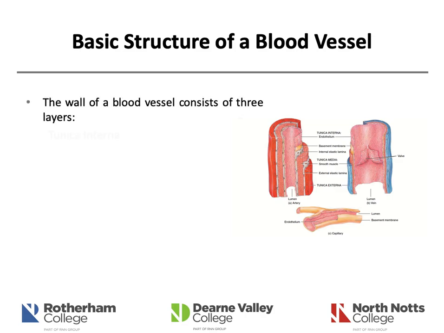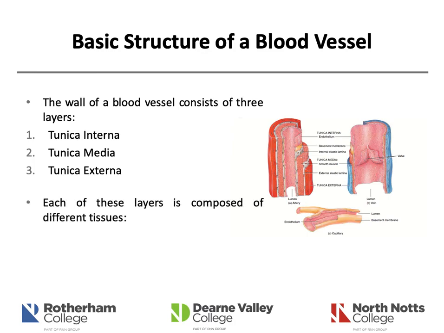Now the basic structure of a blood vessel, it consists, generally speaking, of 3 layers, but it might not have 3 layers. Specifically, we'll look at a capillary that only has 1. But each of arteries and veins, generally speaking, have 3 layers, what's called the tunica interna, tunica media, and tunica externa. Very posh terms, they basically just mean an inner tunic, a middle tunic, and an outer tunic.